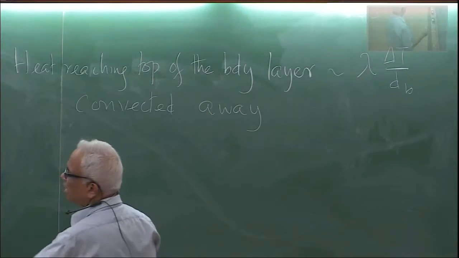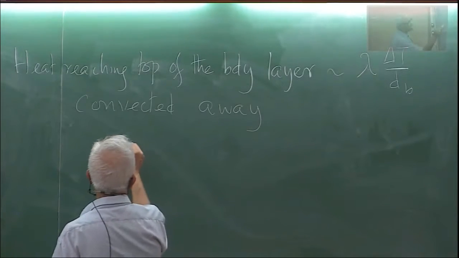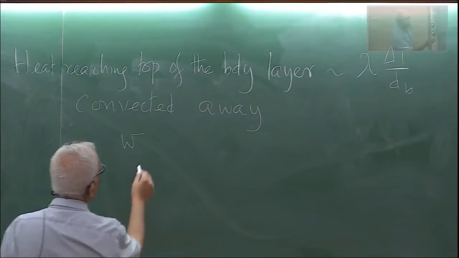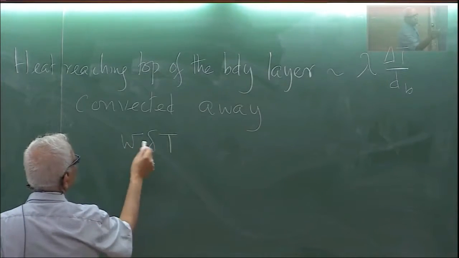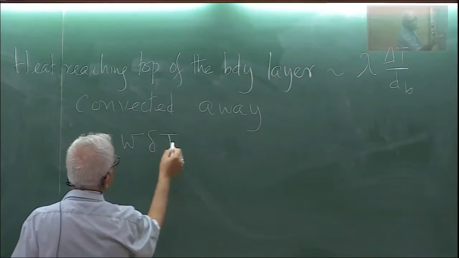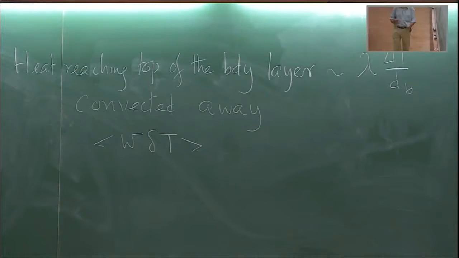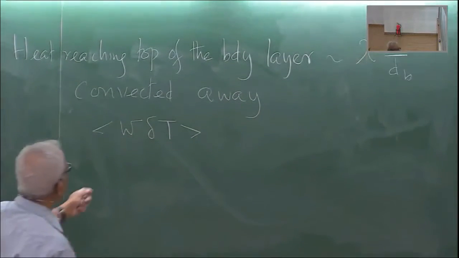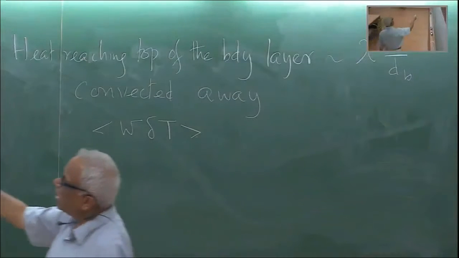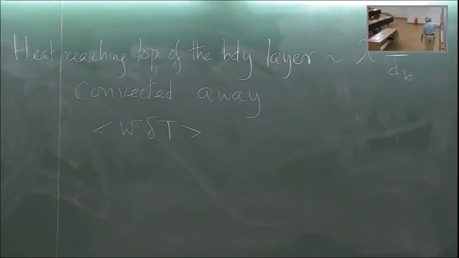So what is the amount of heat which is being convected away? The amount of heat which is going to be convected away and transported in the vertical direction is going to be W times delta T. This would be the average value of W times the thermal fluctuations over here, which are of the order of delta T. The vertical velocity, let's say, is of the order of W. So it convects from here to here and then conducts back to over there.